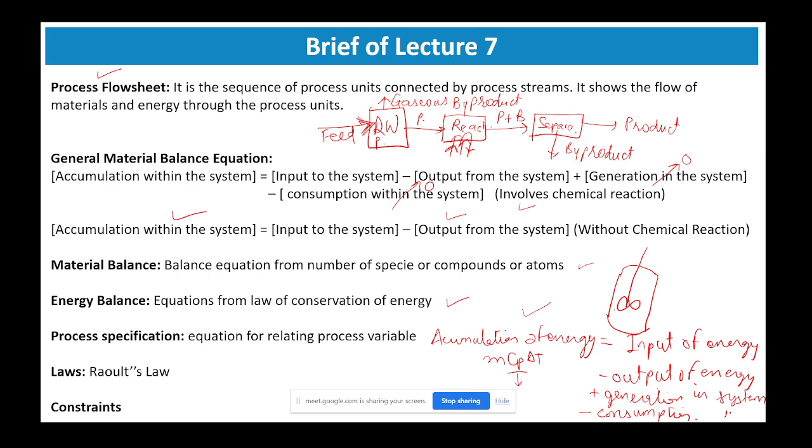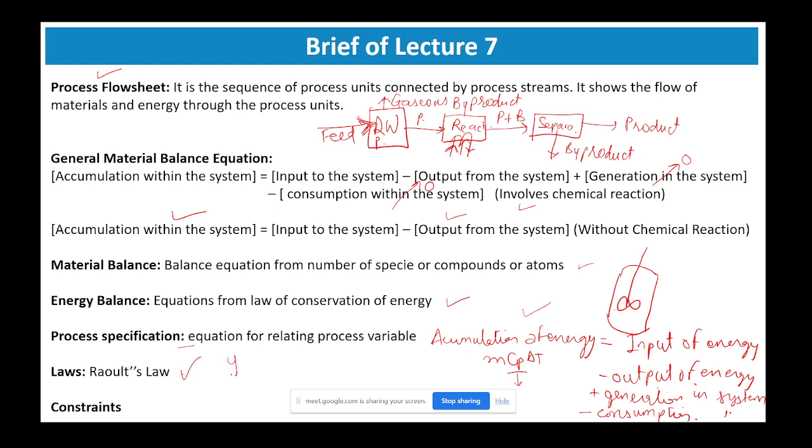Another terminology that was mentioned in the lecture was process specification. This is how we relate different process variables to each other, because these are all interrelated. Now there can also be equations such as Raoult's law.